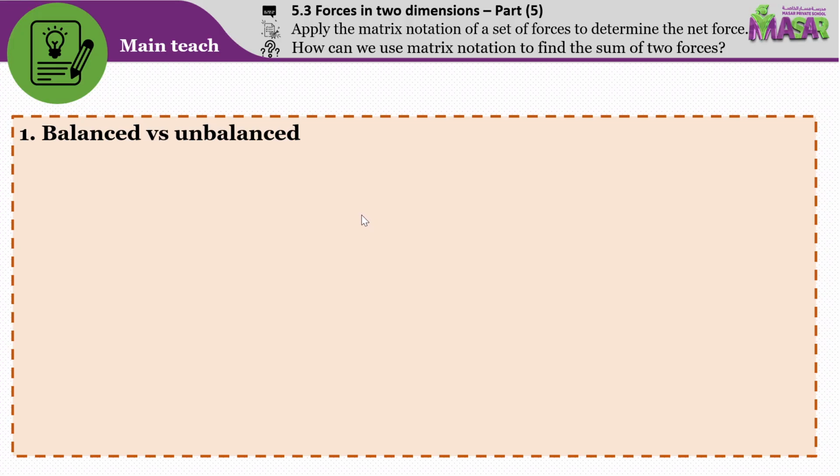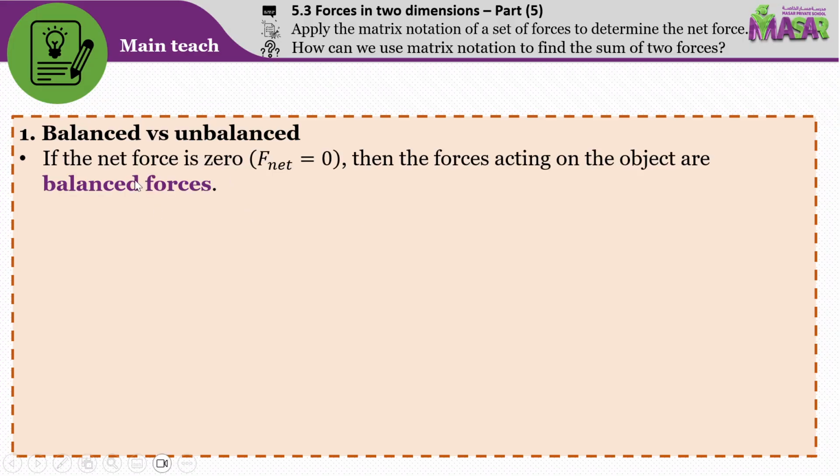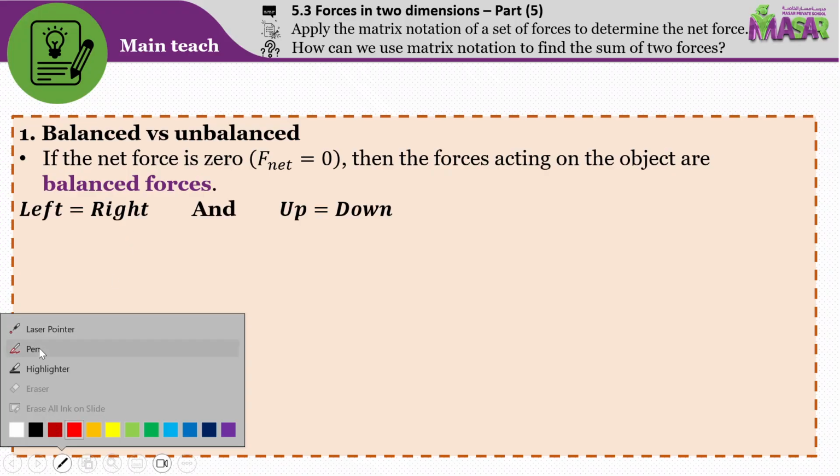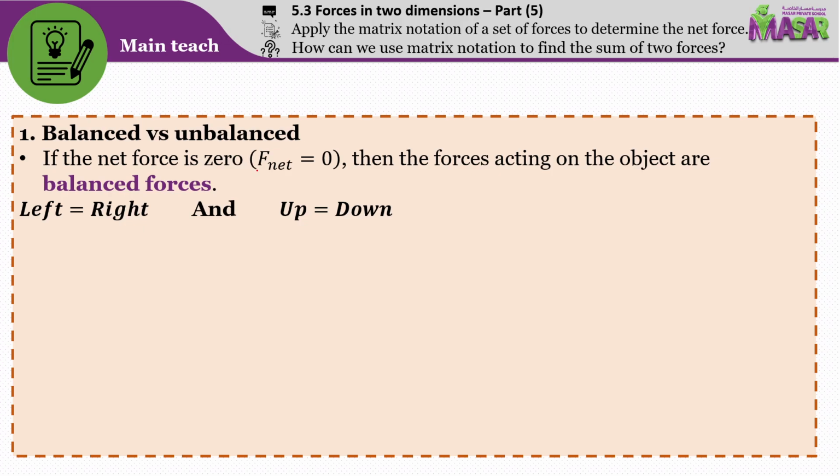Okay, balanced versus unbalanced. If the net force is 0, F net is equal to 0, then the forces acting on the object are balanced forces. In order to understand that, we can understand it on different levels. For example, whenever left equals right, the forces are balanced along the horizontal.